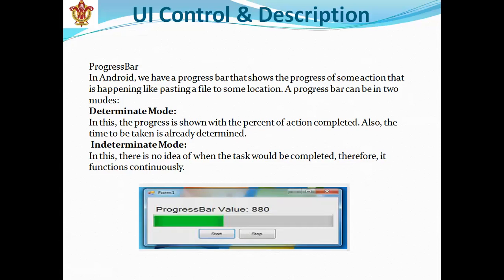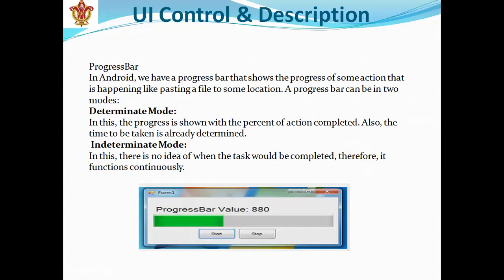You can see the same example on your mobile phone easily. On the mobile phone, you have a battery option on the top of the mobile, right? When you charge your mobile, you can see how many percent of your battery is charged.